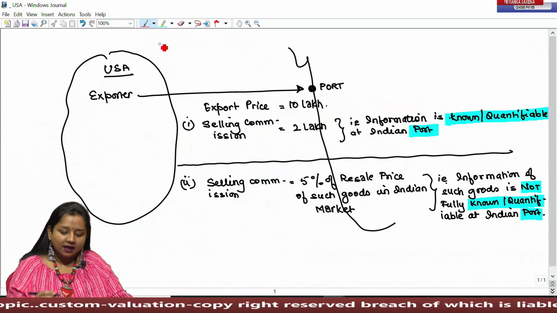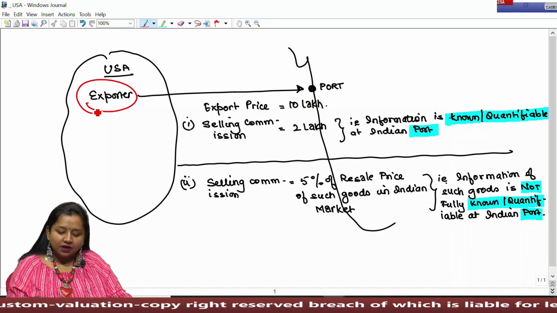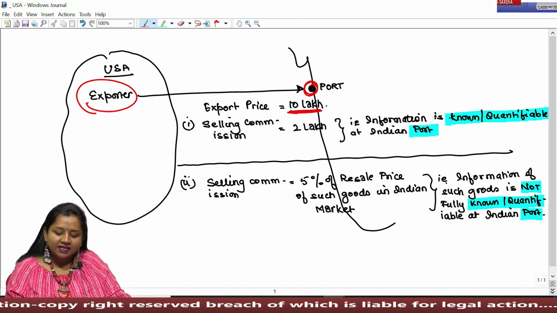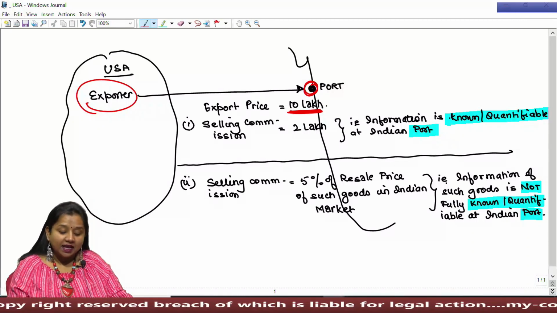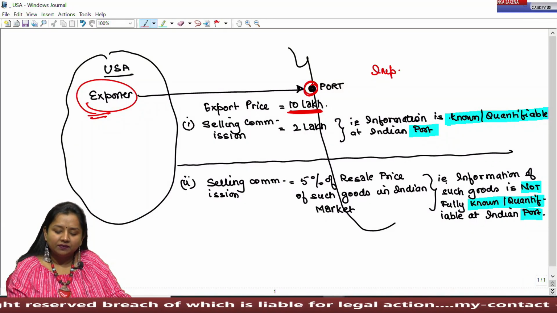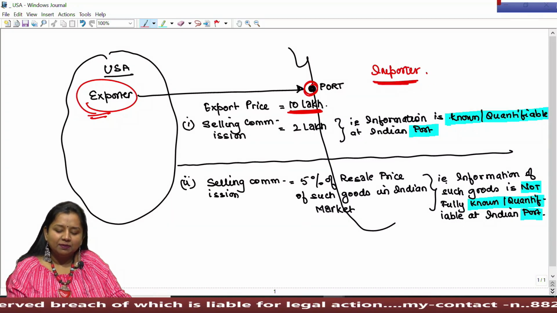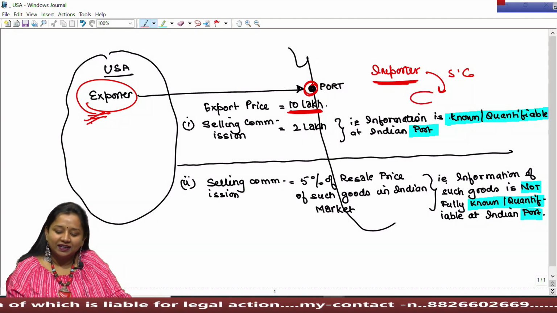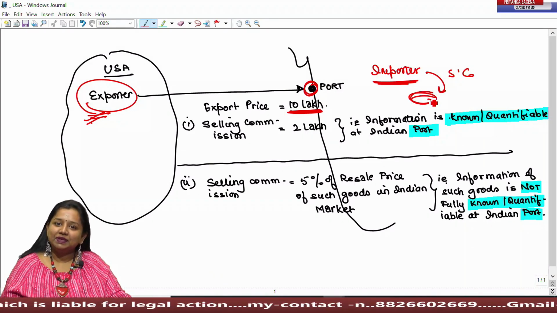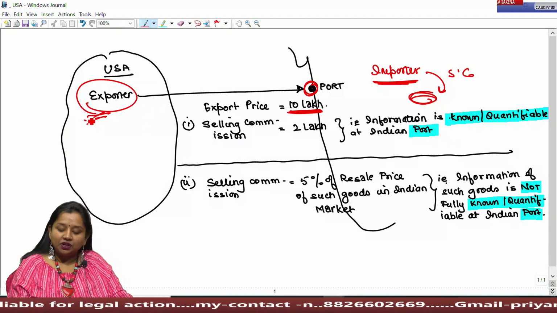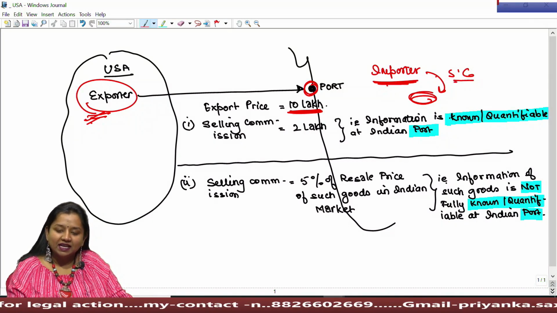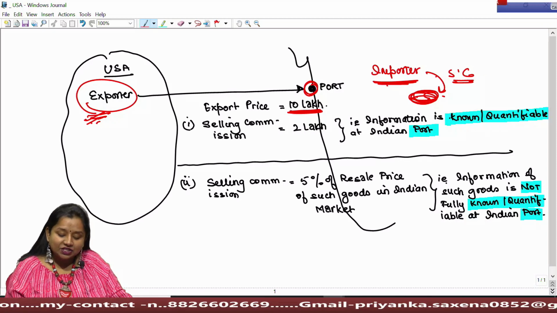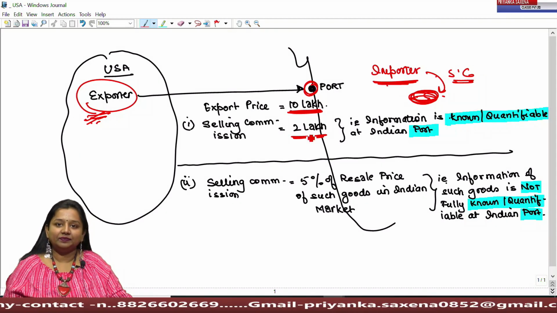Let's say our exporter exports goods to the Indian port at an export price of rupees 10 lakh, and the exporter requests that the importer shall be liable to pay selling commission to the agent of the exporter located in India. We had already covered such kind of expense under Rule 10.1. So, on the request of the exporter, the importer pays selling commission on behalf of the exporter to his agent located in India, and such commission is rupees 2 lakh.